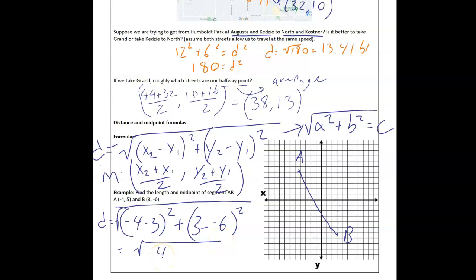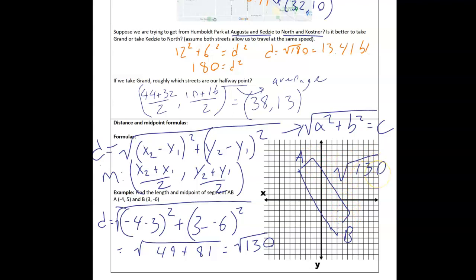And then I get (-7) squared, which is 49, plus 9 squared, which is 81, which is the square root of 130. So that is my distance from A to B.